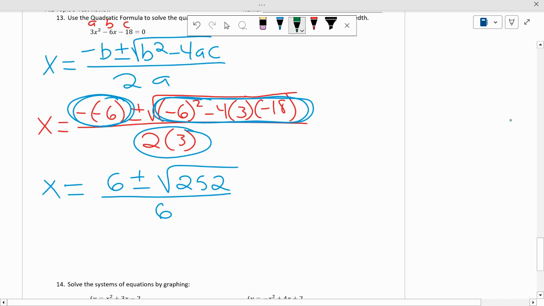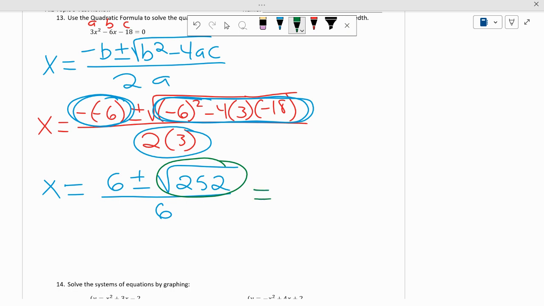Next step, now we're going to type this number in with the radical. So that gives me x equals 6 plus or minus 15.87. We always round to two numbers after the decimal.